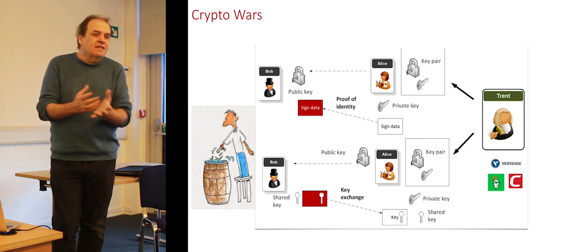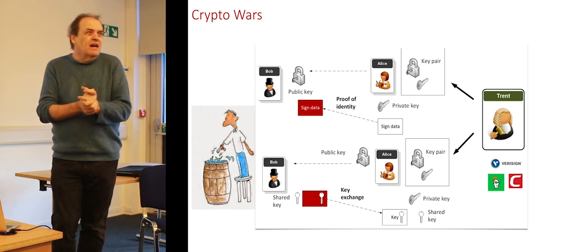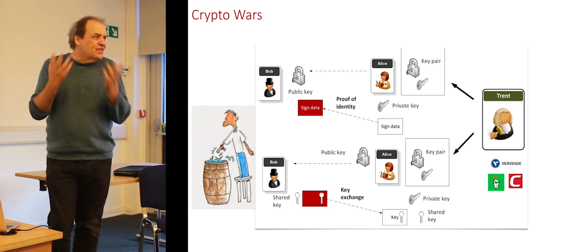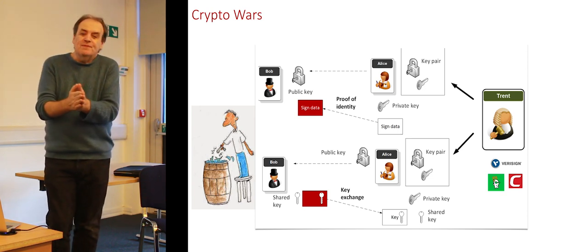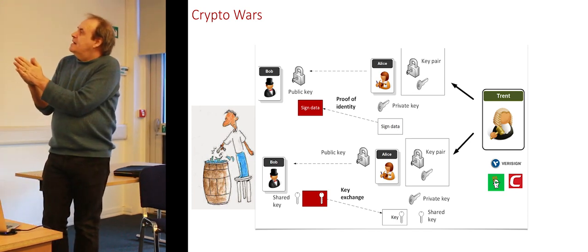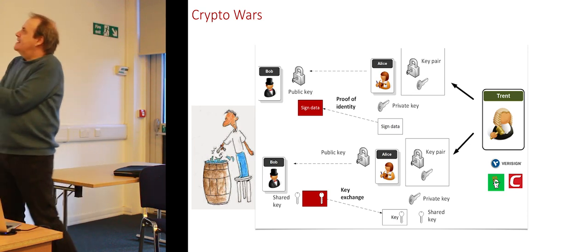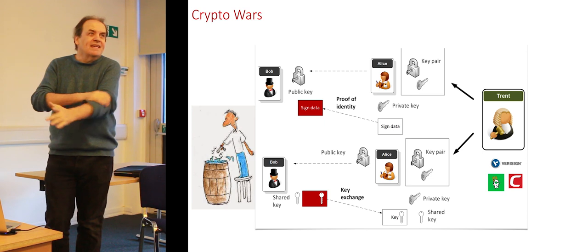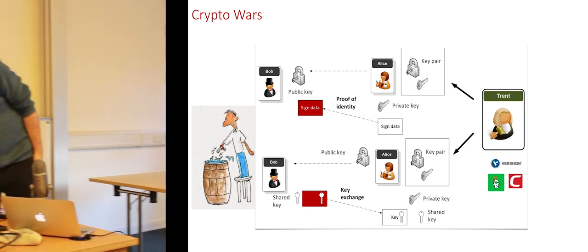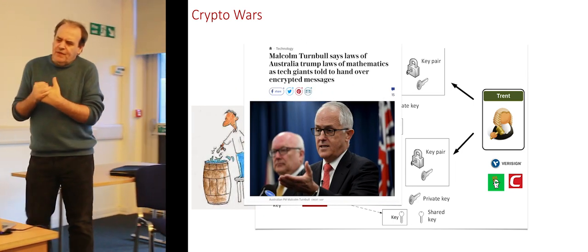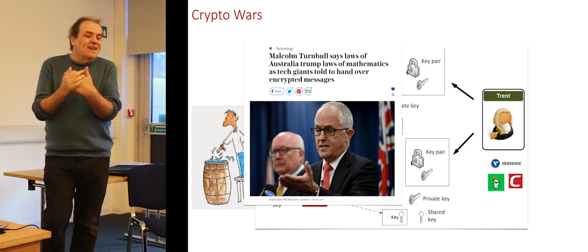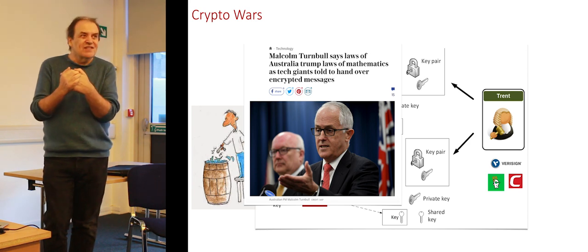So we must understand that there are political pressures in everything that we do, and there are also ethical issues that you should always consider in everything that you do. So what we have, as we've seen, is that we use our keys to be able to prove identity, use a public key to sign for things, and we use a key exchange to be able to generate a key. But unfortunately, some governments of the world are scared by the usage of end-to-end encryption.